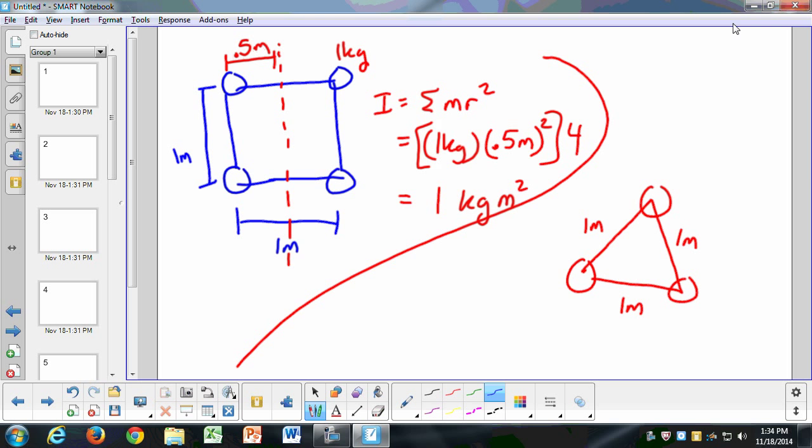One time I think I did the axis of rotation along this way, and in this case both of these particles do not contribute to the moment of inertia, because for both of those r equals 0. Remember, r is the distance from the particle to the axis of rotation. So really what I want to know is, what is this distance? And then this is my r.